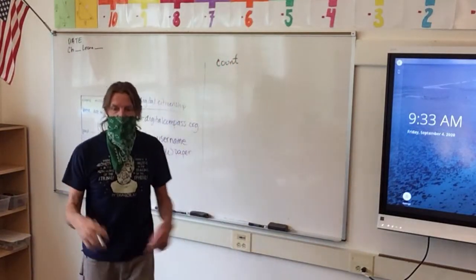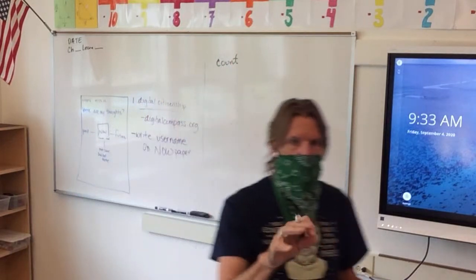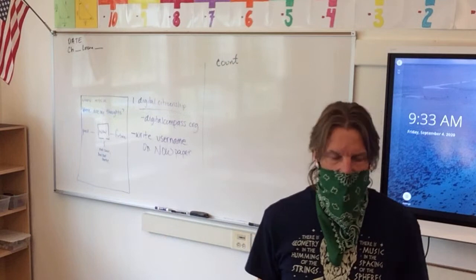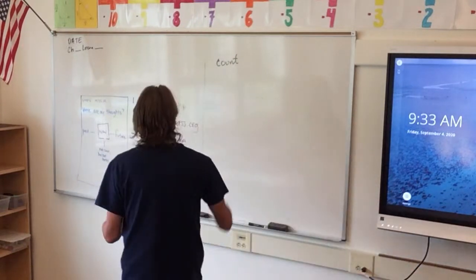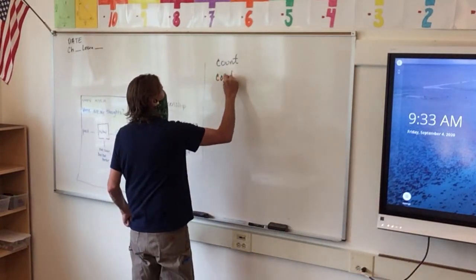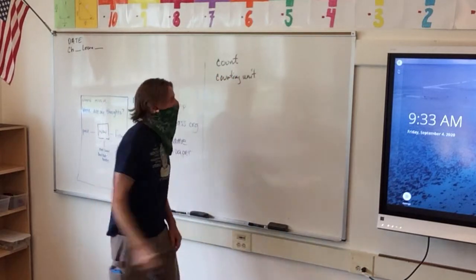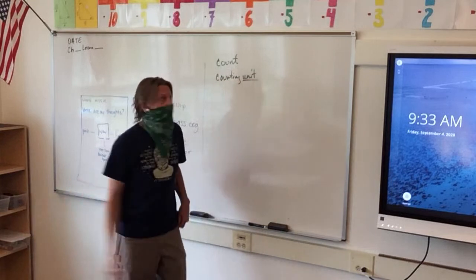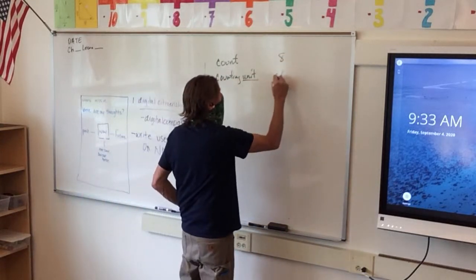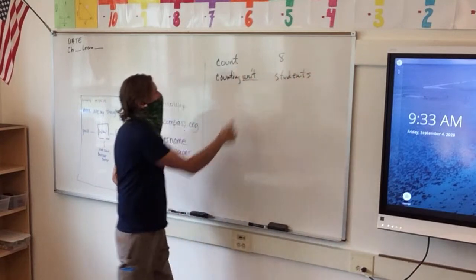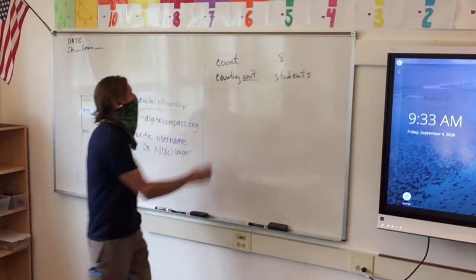So like if you're counting 1, 2, 3, 4, 5, 6, 7, 8 students. The count is 8. The counting unit would be students. Sometimes we just call that units. So if you have 8 students, there's the count, there's the counting unit. So that's one way that we use them.